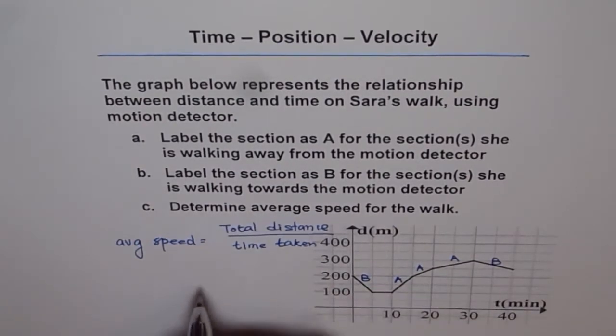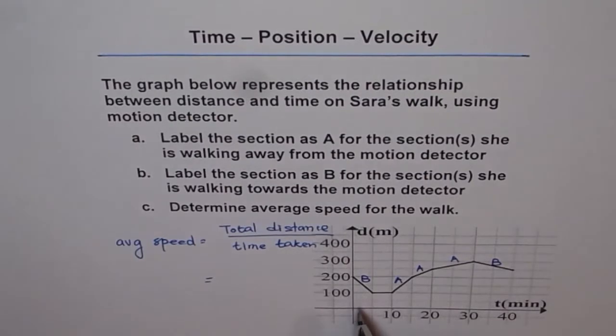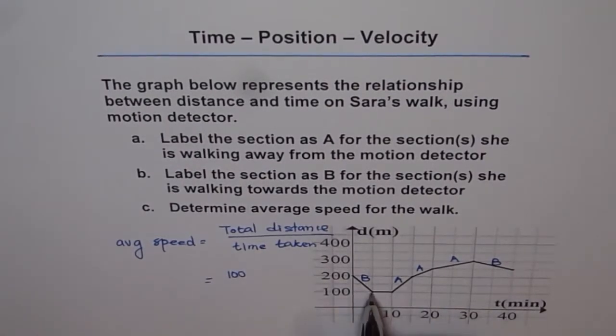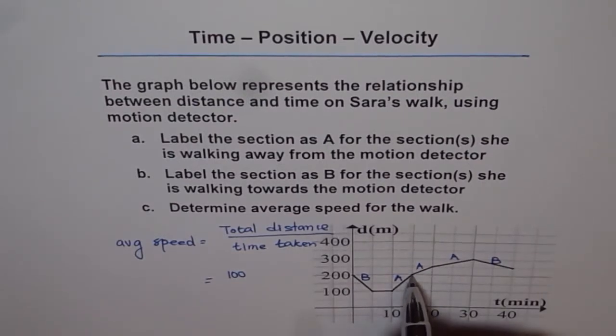Now here, let's add the distances. As Sarah approaches from 200 to 100, she walks 100 meters towards the motion detector, right? So that is 100 walking towards, and then staying at a position, not walking at all, then she moves 100 away, plus 100.